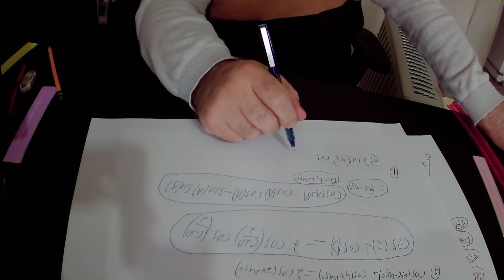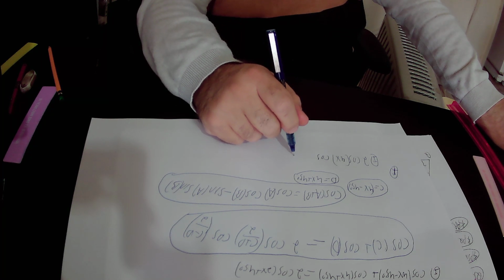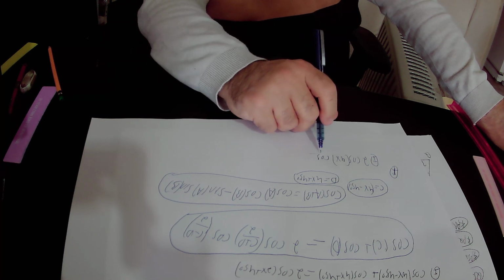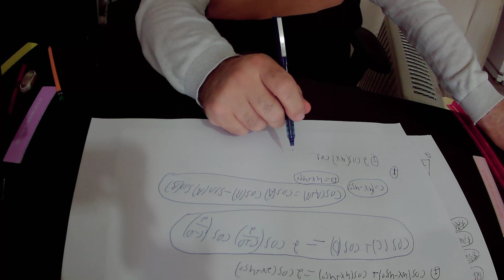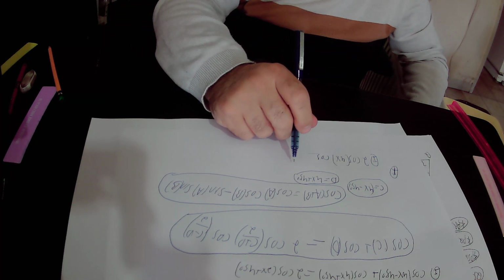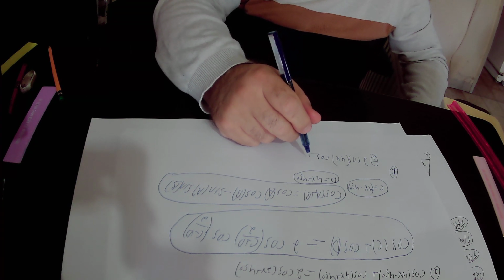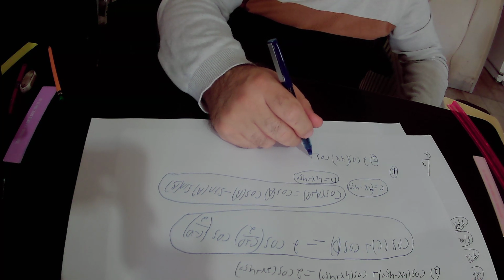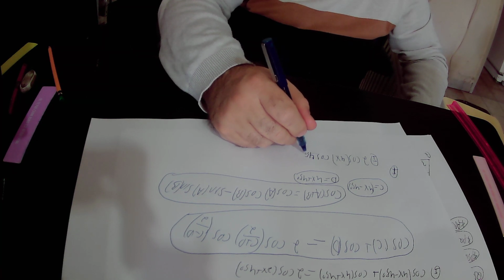So c minus d: 4x minus 4x is 0, and minus 45 degrees minus 45 degrees is minus 90 degrees, and over 2 is minus 45 degrees. But according to the rule that cosine minus x is equal to cosine x, cosine minus 45 degrees equals cosine 45 degrees. So I write down cosine 45 degrees.